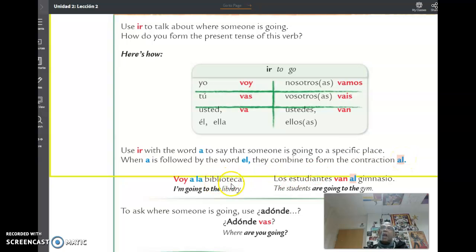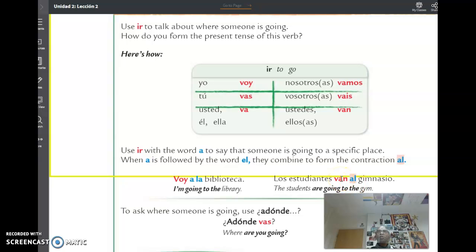Voy a la biblioteca. I am going to the library. Los estudiantes van al gimnasio, because gimnasio is a male word, it's el, so you can do the contraction here. But whatever you do, notice that the verb is always followed by a. Do you see it there? Do you see it here? Voy a la biblioteca, van al gimnasio.